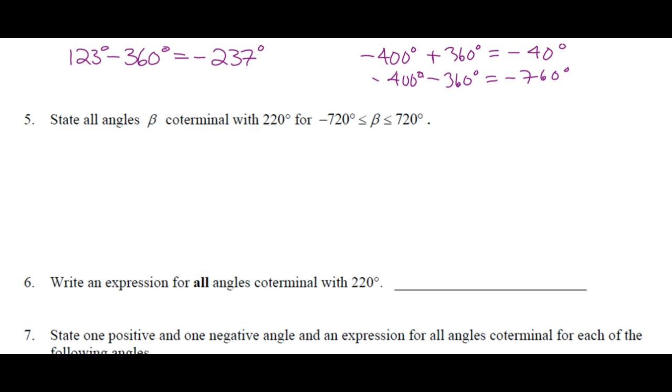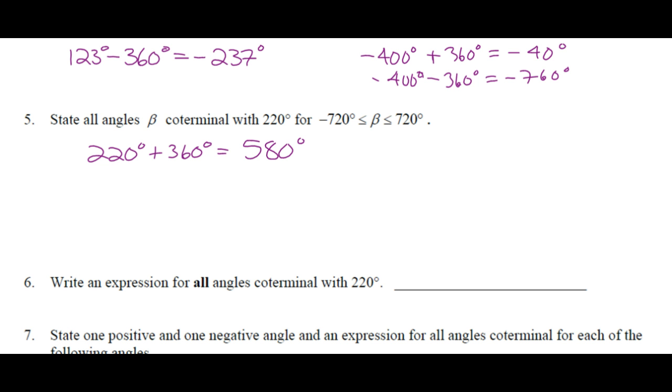So let's go 220 degrees plus 360. What is that? 580 degrees. What happens if I add 360 to 580? It goes over 720, right? It's like 880. So we don't need to keep adding.